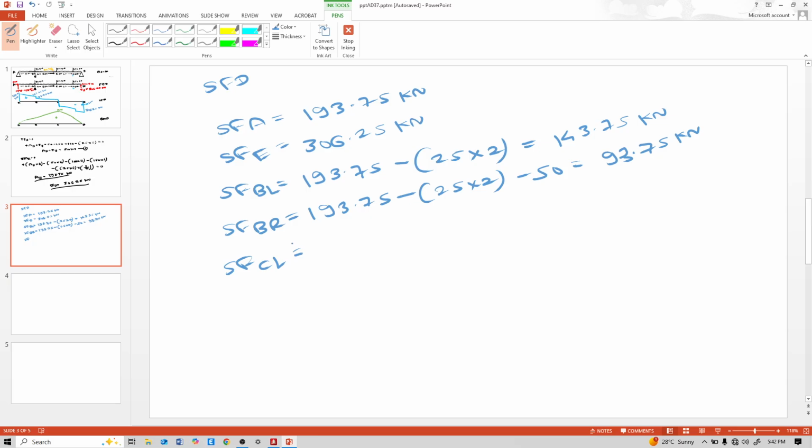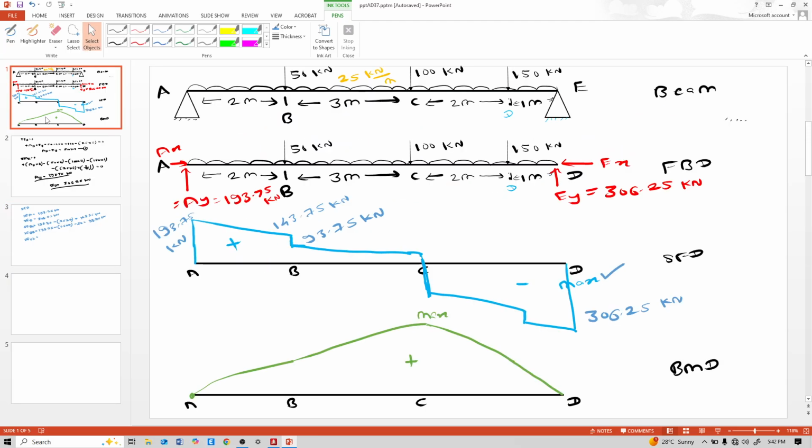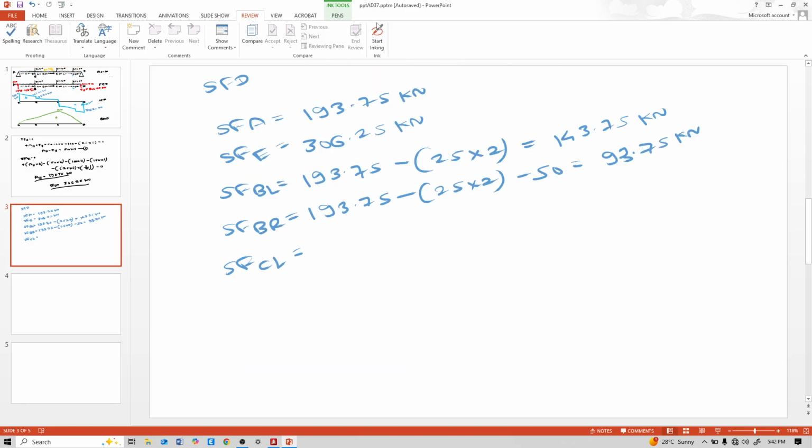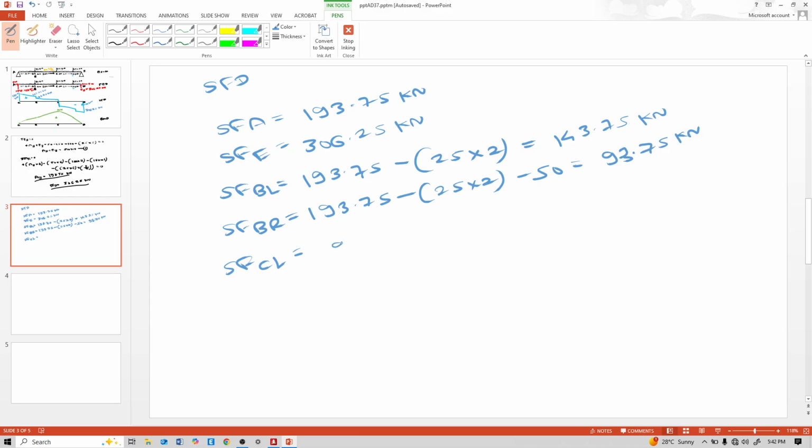Shear force at C towards left is this 93.75 minus 25 into 3, which is 18.75 kilonewton.